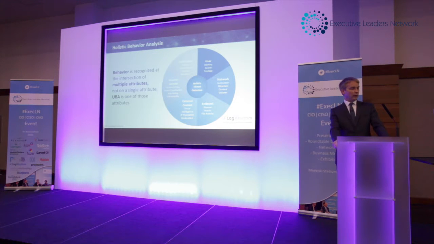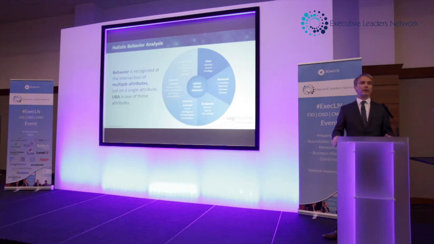I think one of the really key things here is that IT is full of silver bullet solutions that are going to solve all your problems. When we think about something like UBA, in common with many other prevention and detection technologies, it's not something that we should use in isolation.